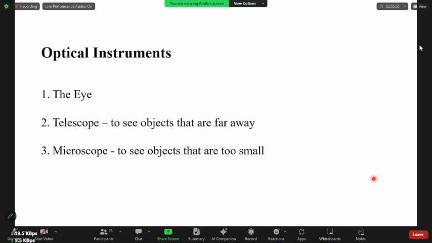The optical instrument that all of us have is the eye. Then the man-made ones: telescopes and microscopes. Telescopes we use to see objects that are far away, most of the time planets, stars, things like that. Microscopes are used to see very small objects.